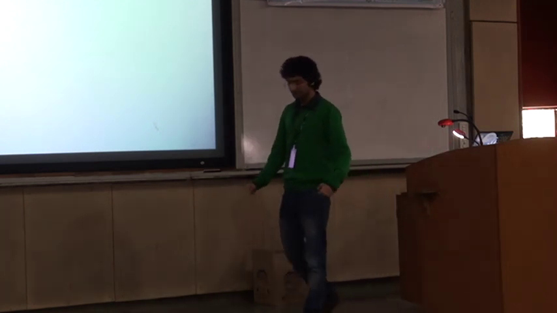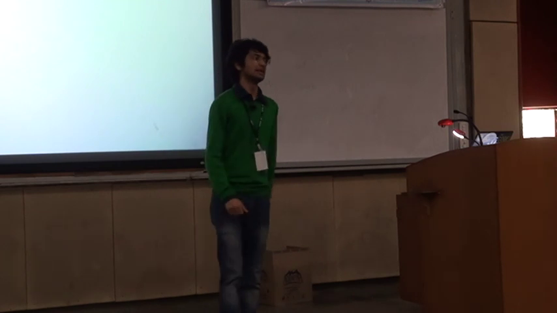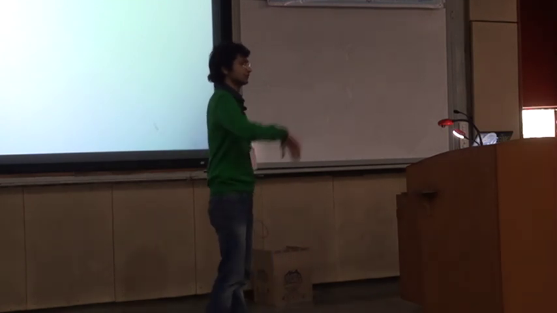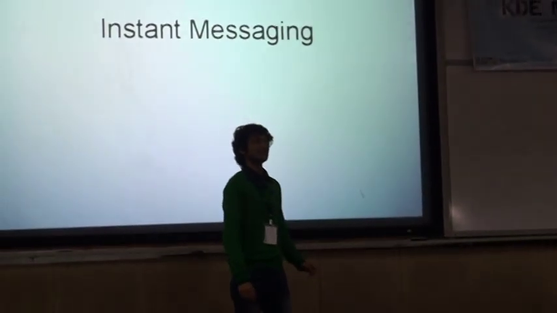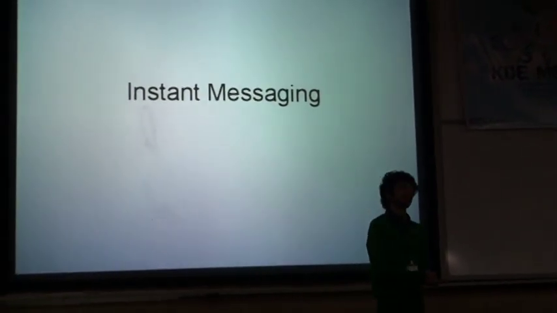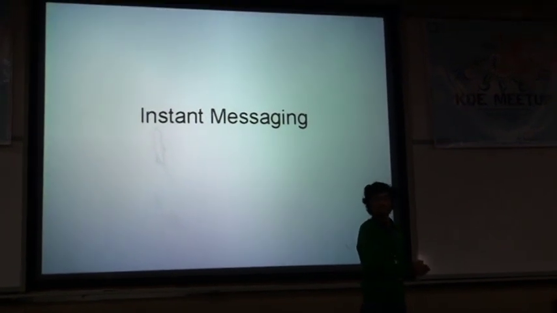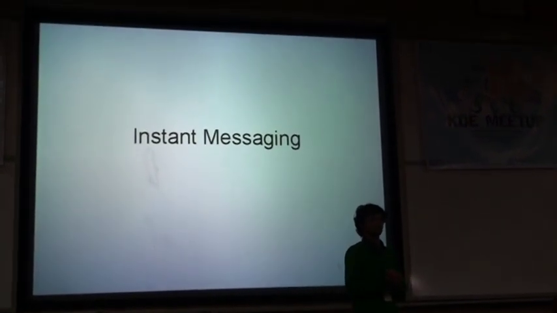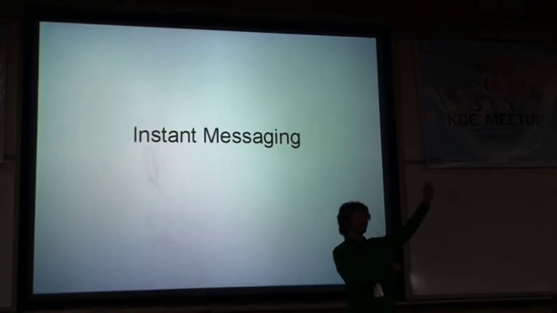Instant messaging. We have this framework in KDE which is also used in Chrome, so it's a centrally used thing called Telepathy, which is our abstraction over instant messaging frameworks. In KDE, we believe a lot in abstractions. So for all instant messaging frameworks, there's one user interface and there are different backends that are available.